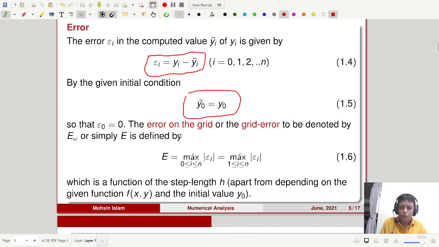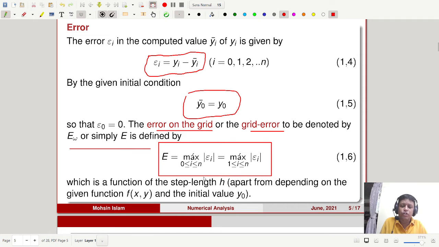The initial error was 0. So the error on the grid, or the grid error, to be denoted by E omega, or you can denote it by simple E also, is defined by the maximum over 0 to n of |epsilon i|. This E is the grid error, the maximum of |epsilon i| over the indices 0 to n.